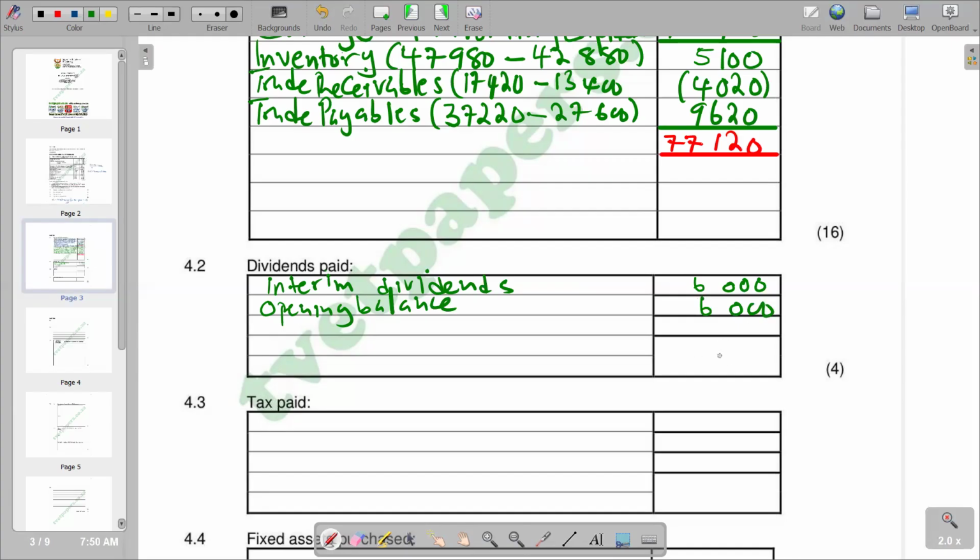And then you add the two, get your 12,000, which is dividends paid. So basically, that's what we have on the calculation of dividends paid. We can as well move on to the next part.